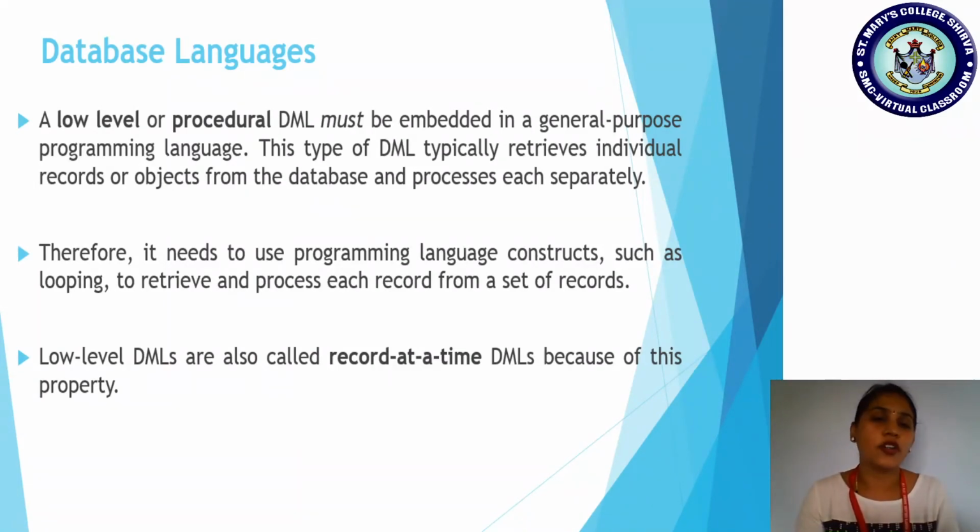What this means is, suppose you want to insert the information for a student. You want to insert a student record in a student file. When you are using a data manipulation language statement to insert the record, for example, insert into student, whatever the roll number, name, class, major.